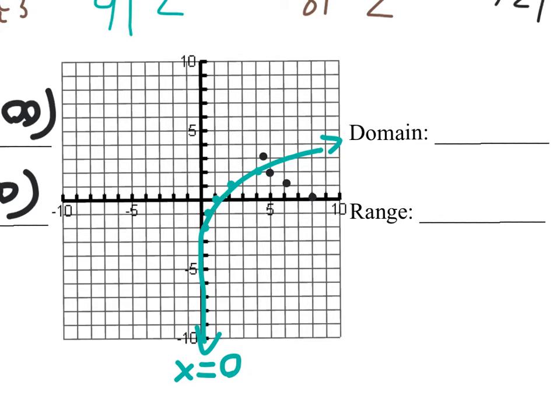X equals 12, minus 1. Well, it's not really on here, but if it were, it would be about there between the R and the A for range. Now, we're going to draw our line. We should see that this time the asymptote has moved to x is equal to 4, just like we have a shift right 4 units.